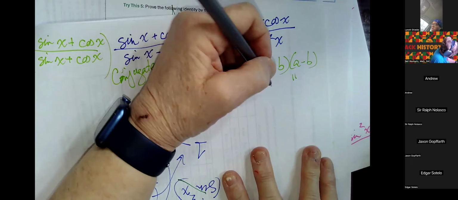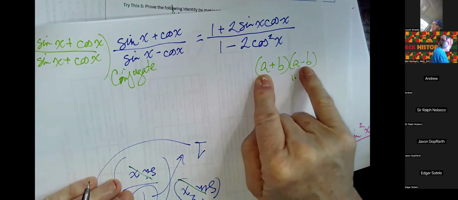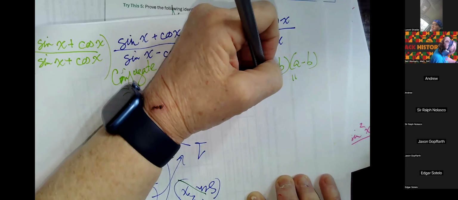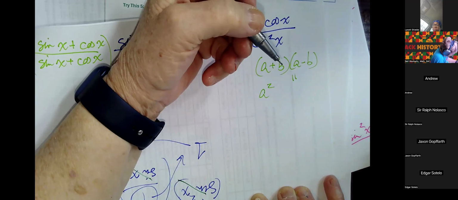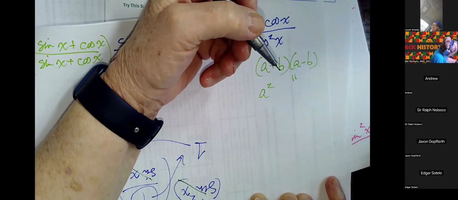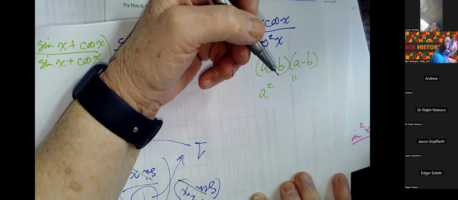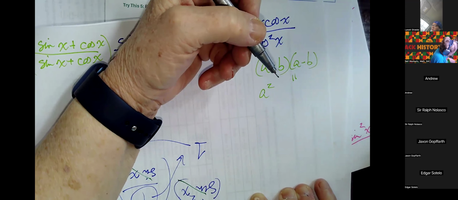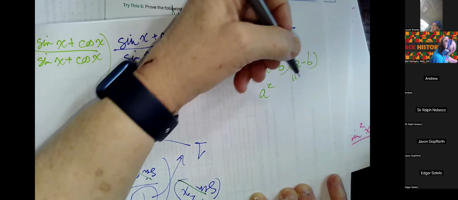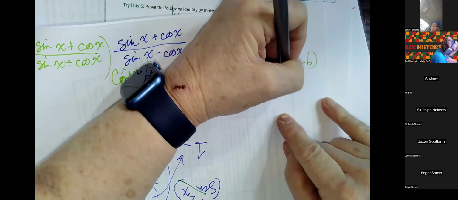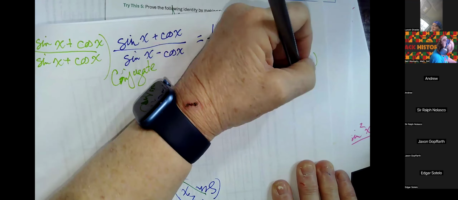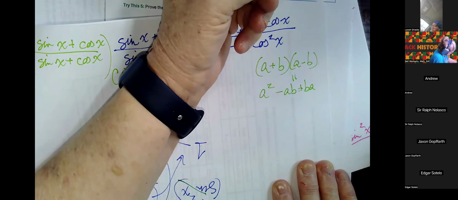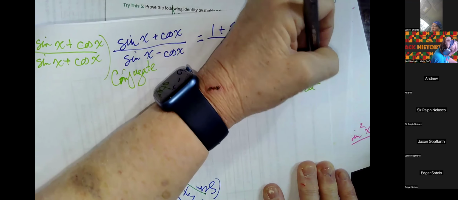We'll get a squared, and then we'll get a negative ab, and then we'll get positive ba, and then negative b squared.